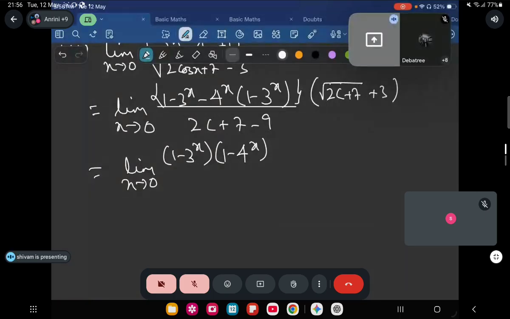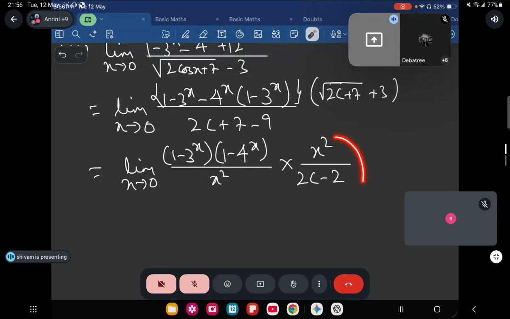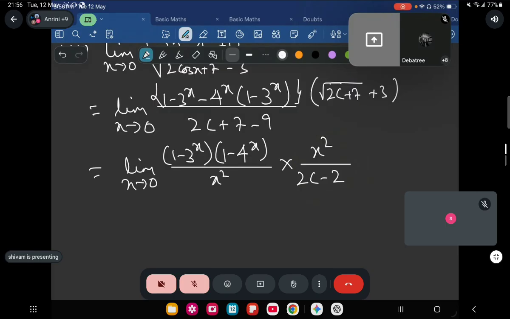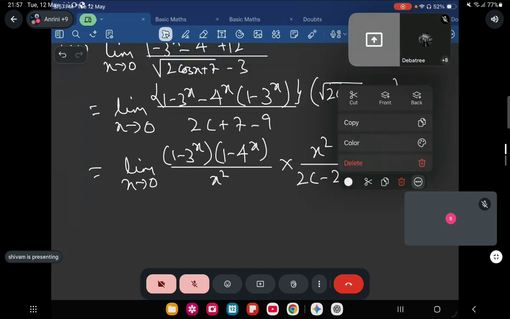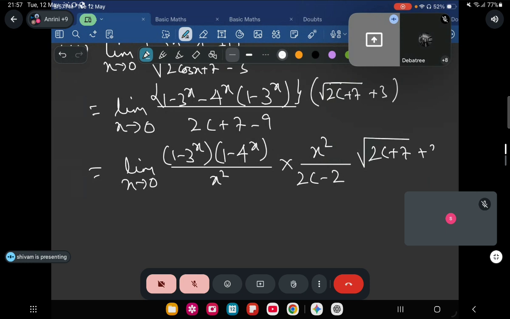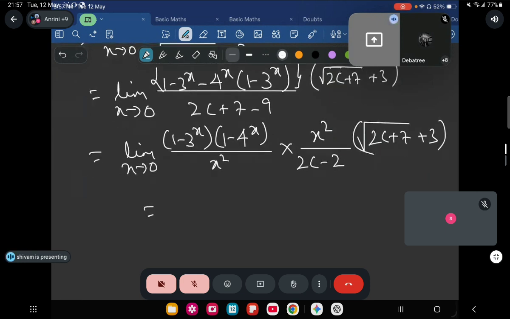In order to convert it into standard form, we have to divide it by x square, multiplied by x square. 2 cos x plus 7 minus 9 will become 2 cos x minus 2. This will also convert into standard form. And we are left with root over 2 cos x plus 7 plus 3. Next, everyone pay attention. This whole thing will become ln 3 into ln 4.